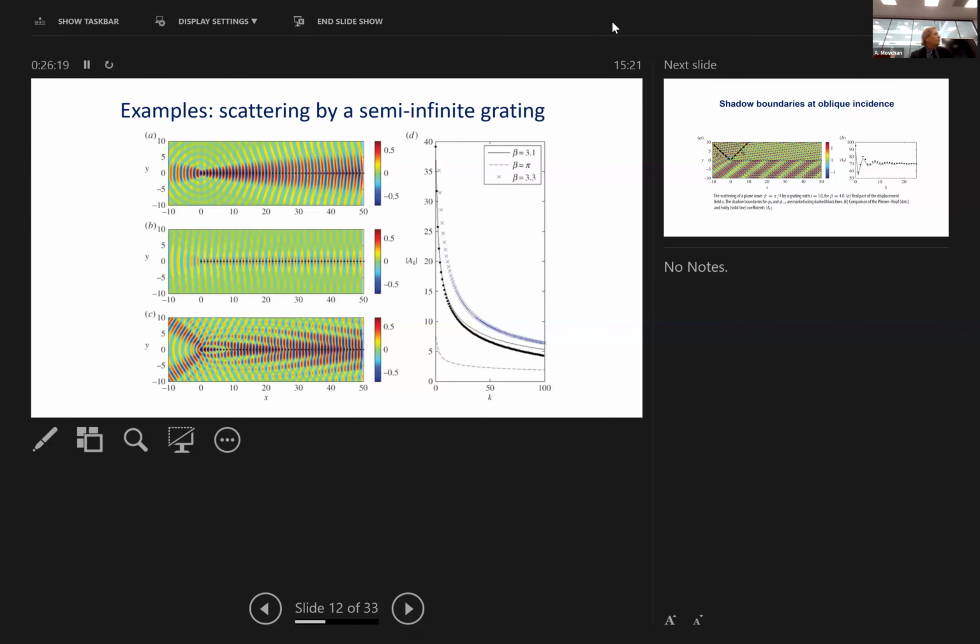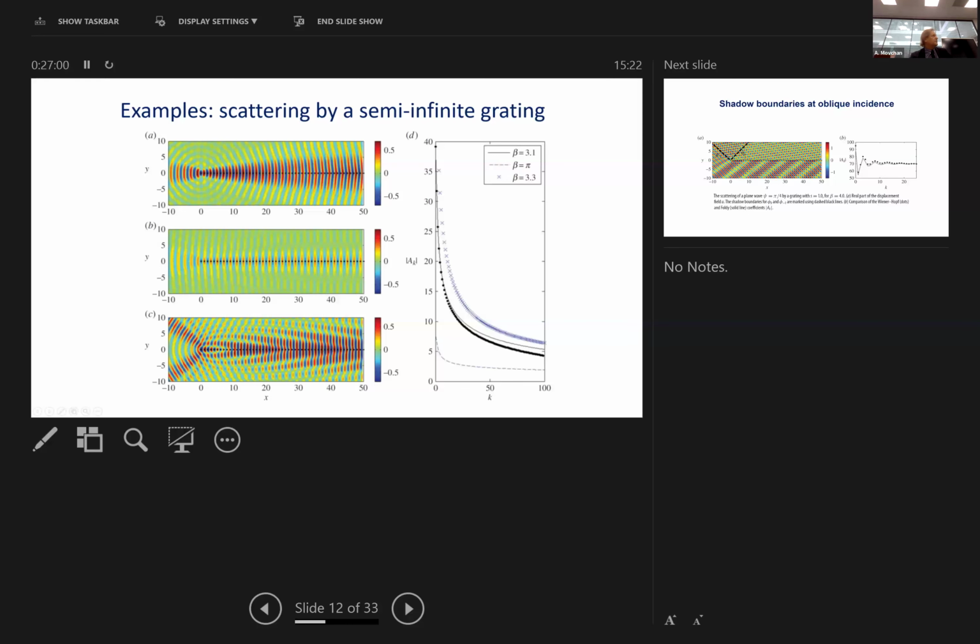So then, this allows you to see what happens near the boundary. Here, that's the boundary, and in this case, there are three different frequency regimes, and you can see the value for the spectral parameter.